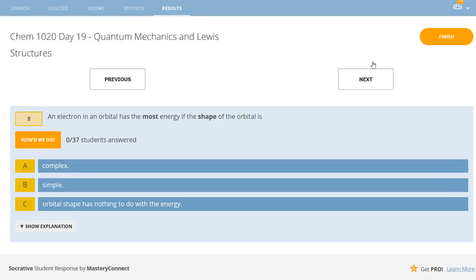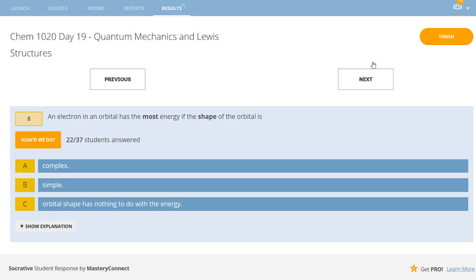And then the last of these, an electron in an orbital has the most energy if the shape of an electron is get your answers locked in there, please.